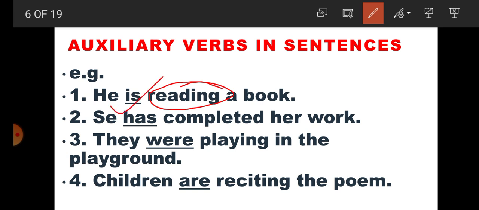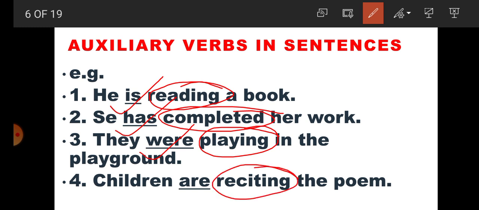She has completed her work. What is the main verb? Completed. And what is the helping verb? Auxiliary verb has. They were playing in the playground. What is playing? Main verb. And helping verb? Were. Children are reciting the poem. So what is main verb? Reciting. Auxiliary verb? Are.